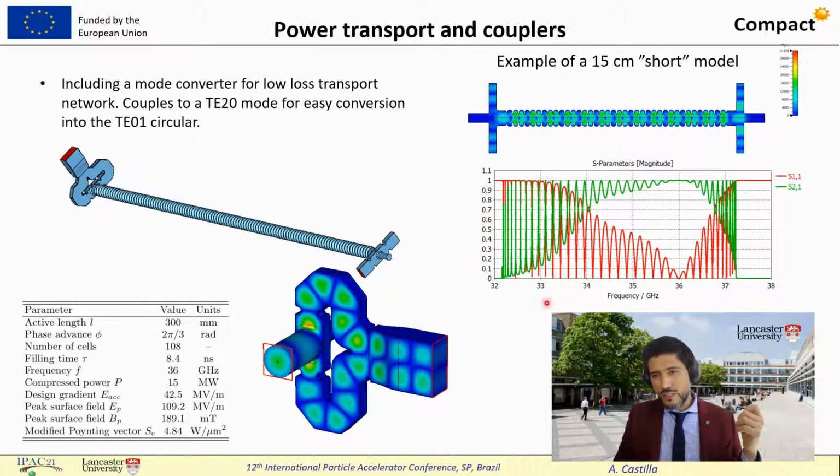You can see in this half model, 15 centimeters long, the operating mode with the couplers, and I have included the transmission in green for the S21 parameters of this structure and in red the S11. You can see in this table as well the active length and all the fields at nominal voltage.